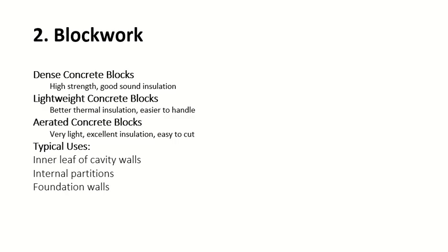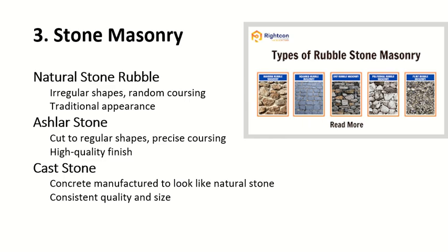And then blocks can be simple concrete blocks, lightweight blocks, aerated blocks, and so on and so forth. And then stone masonry or stone blocks, they can be natural stone, stones which are made up of other materials. Okay, and then we have the concrete stones as well.